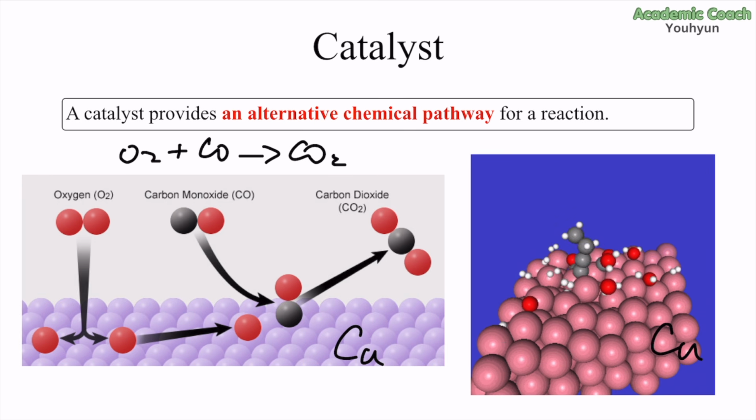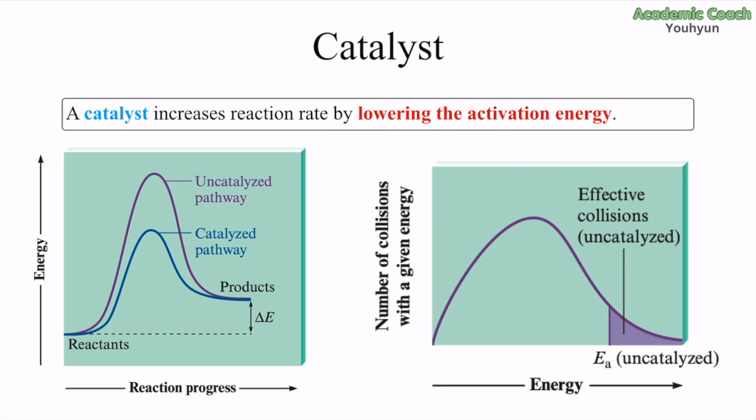And also, it attracts the carbon monoxide. So it's pretty easy for carbon monoxide and oxygen atom to combine with each other when both of them are attracted or bonded to the copper catalyst. And by providing that alternative chemical pathway, it significantly lowers the activation energy.